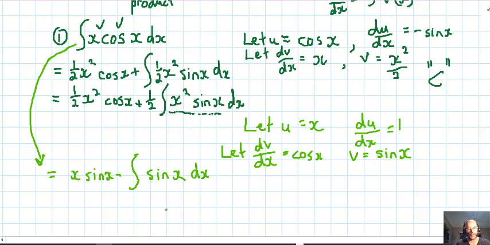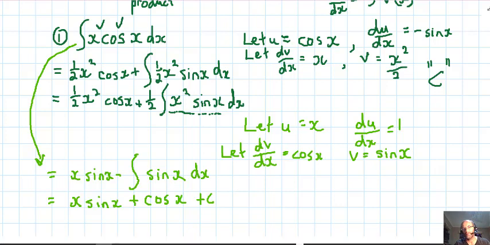Now, integral of sine x dx is easy. So, x sine x minus the integral of sine x, and that's negative cos x, so it's minus negative cos x or plus cos x plus c. And there's our answer, x sine x plus cos x plus c.